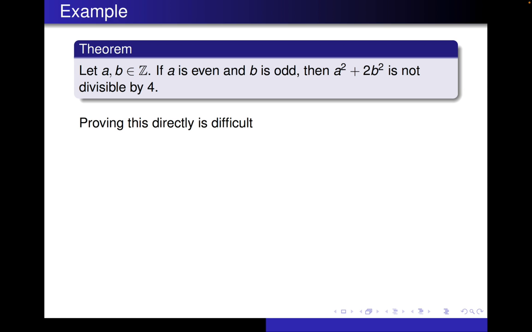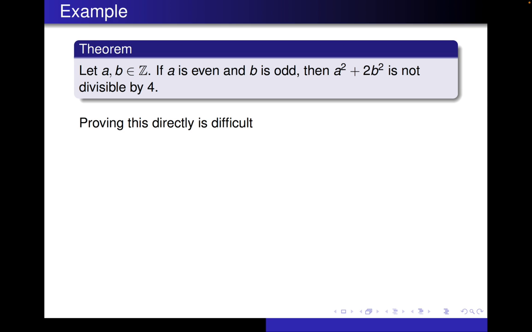And first of all, before we jump into proving it by contradiction, I want to at least say to you, this is not an easy theorem to prove directly, right? We don't prove things by contradiction because it's fun, although, if it's fun and if it works, that's fine with me. A lot of times we use these indirect methods of proof because the direct methods just simply don't work.